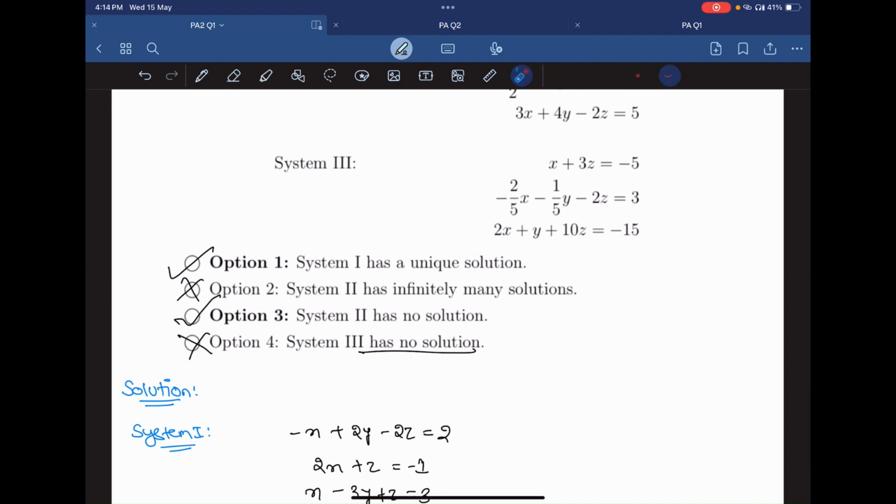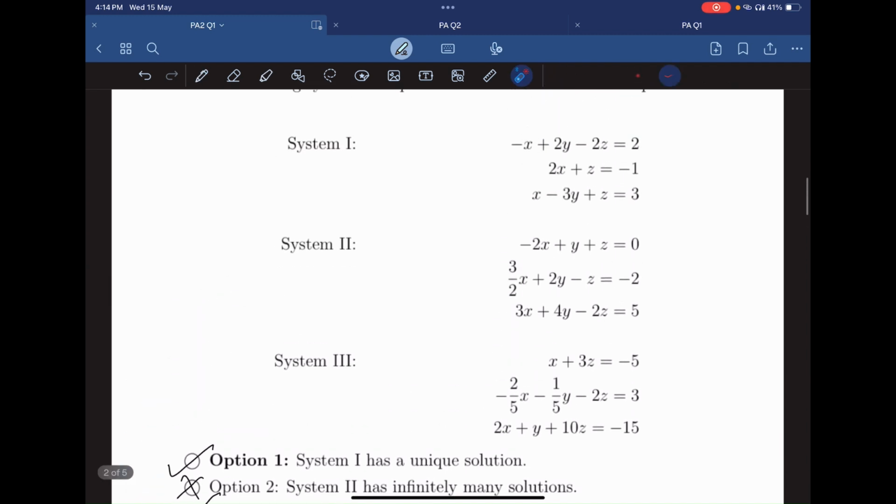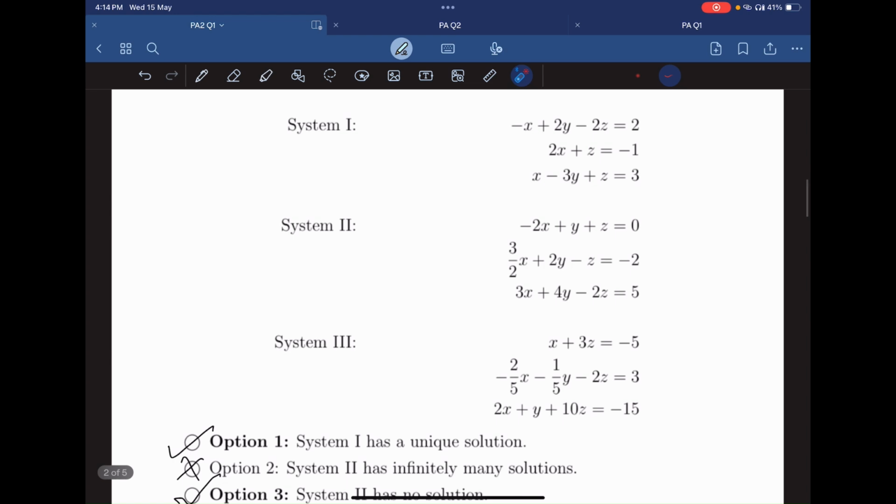So in conclusion, for checking whether any system of linear equations has a unique solution, no solution, or infinitely many solutions, we first form the augmented matrix and then reduce the matrix using our elementary row operations. If we get a unique intersection point, then the system will have a unique solution.